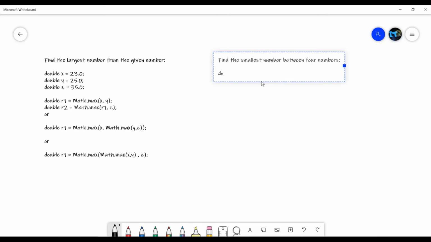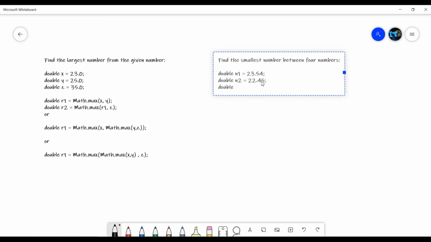Let's take some values in double, that is n1 is equal to, let's take 23.54. Second value, double n2 is equal to, let's take 22.45.